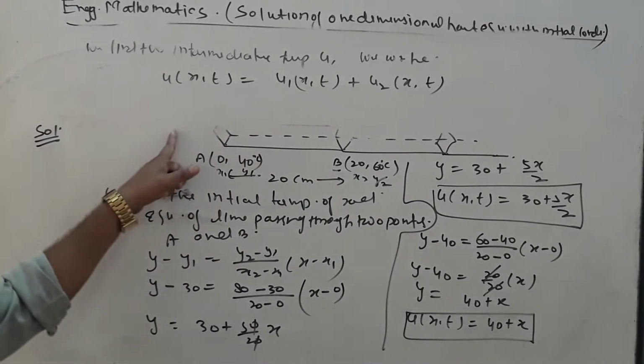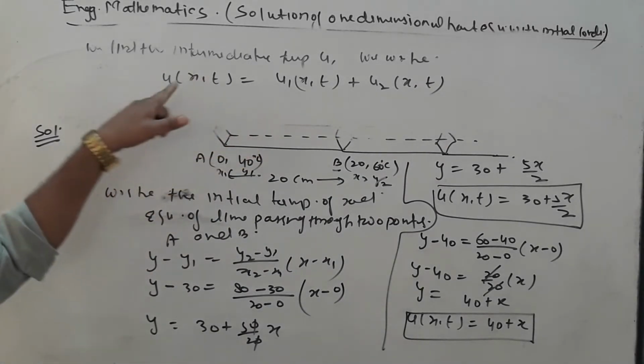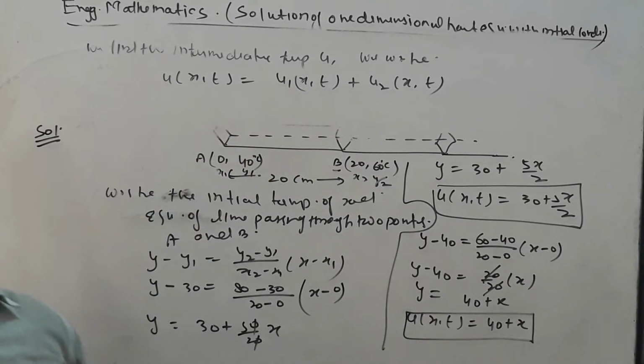In the previous question we discussed the same condition. u(x, t) equal to u1(x, t) plus u2(x, t).